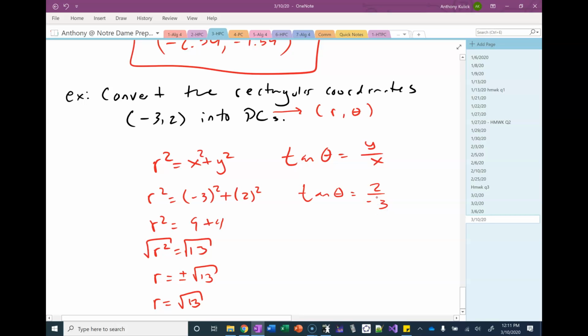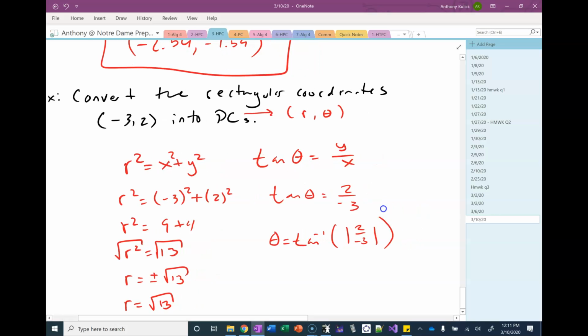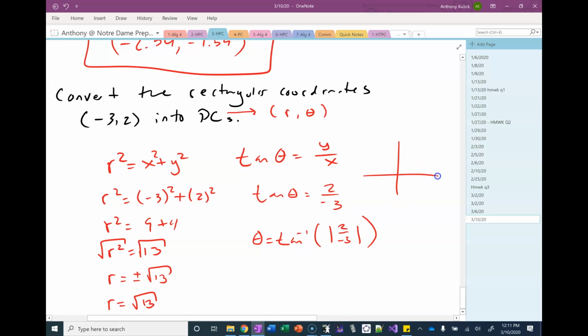What do I have to be careful about with tangent? Yeah, the range of tangent inverse. So probably what I'm going to do here is take tan inverse of the absolute value of negative 2/3. And then think about where the point negative 3, 2 is.